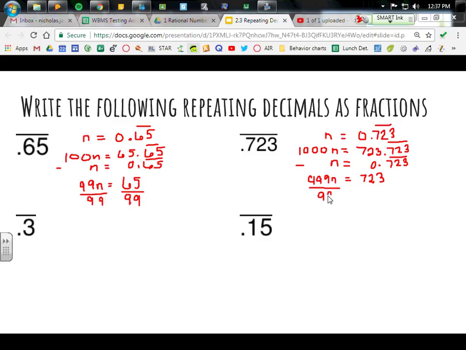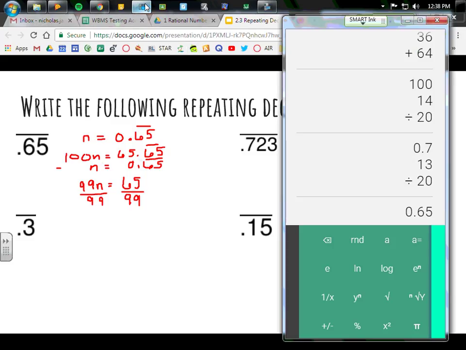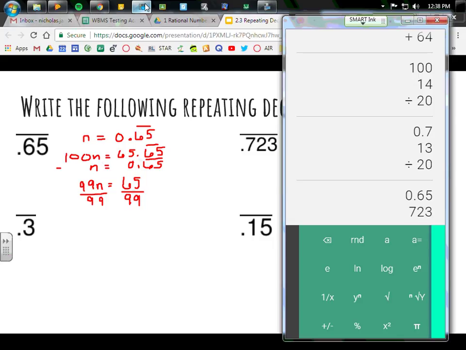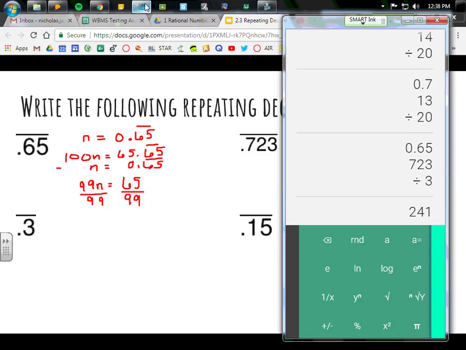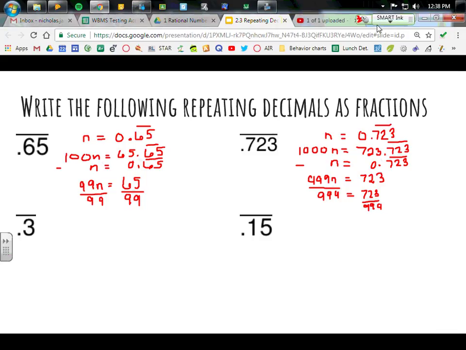Divide by 999. So 723 over 999, which can simplify. Yeah, this can simplify, but let's just move on. This is the fraction you would get, and then you would just continue to simplify it.